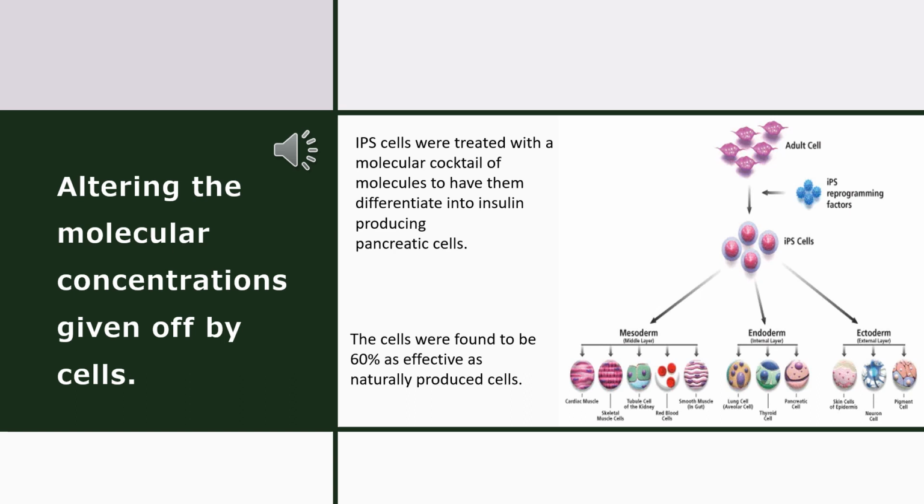Now, they don't use cells from the individual in question, but rather from a lineage of cells that has usually been created beforehand and are just being redifferentiated again to become what they are needing, in this case to help treat the affected organ, in this case the pancreas, for diabetes.